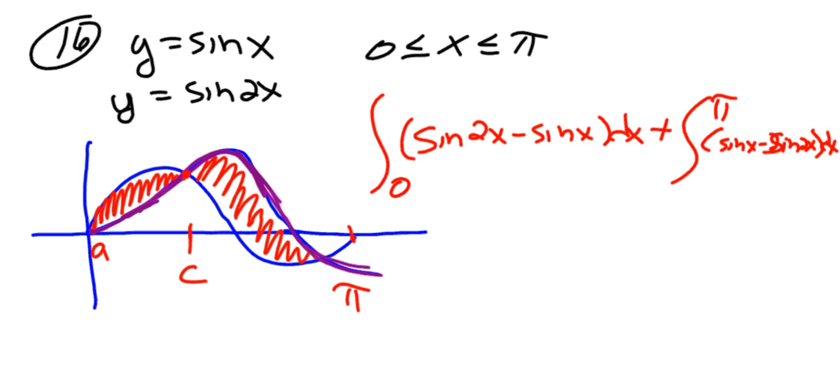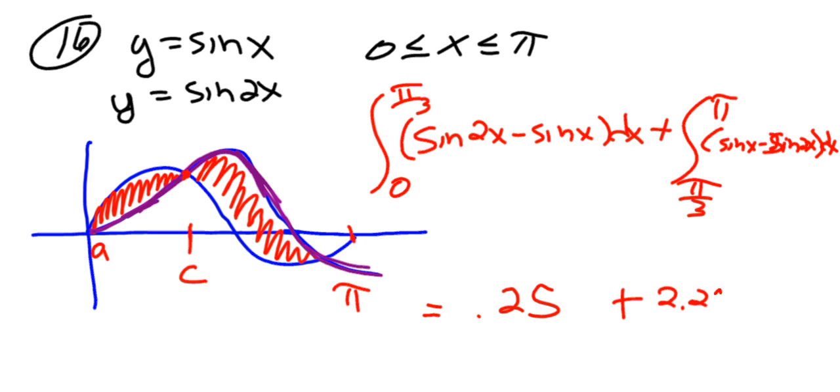It's that point in between that I have to find where they intersect, and it turns out that should be pi over 3. So that's what I'm going to have here and here. When you go to calculate, I get that the first interval for integration should be a quarter, and the second interval should be 2.25, and I get a total of 2.5 or 5 halves.